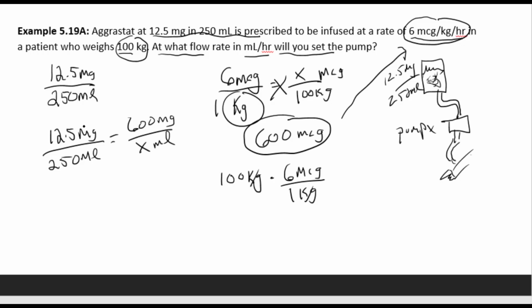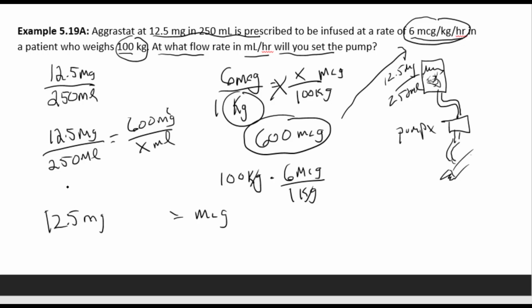But notice that's micrograms. You can't have milligrams, milliliters, micrograms, milliliters. So I'm going to change this 12.5 milligrams into micrograms.